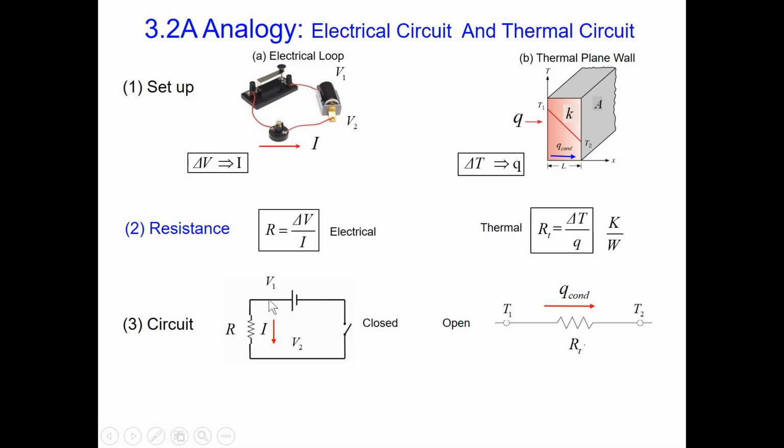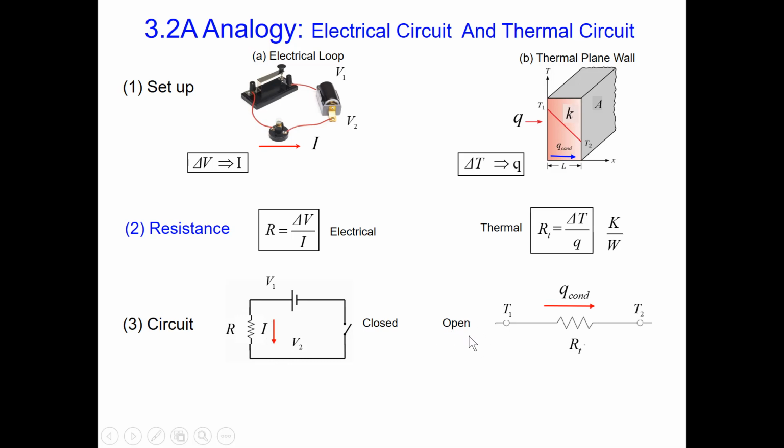They are connected by straight lines, and the circuit is labeled with V1, V2, R, I, with an arrow to represent the direction.